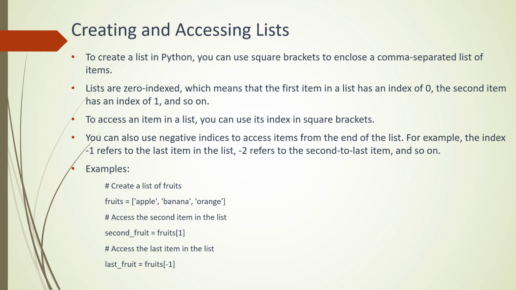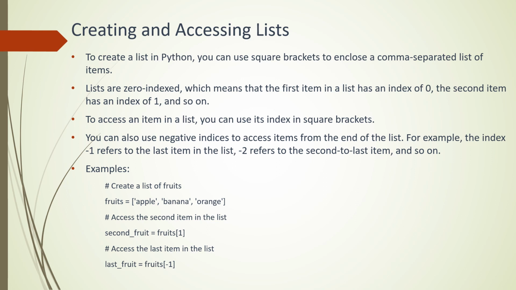And if you wanted to access the second item in the list, it's going to take the index 1. Remember, we start counting from 0. So for you to access the second fruit, you say fruits, then in square brackets, you say 1. That will return the second fruit in that list, which is banana.